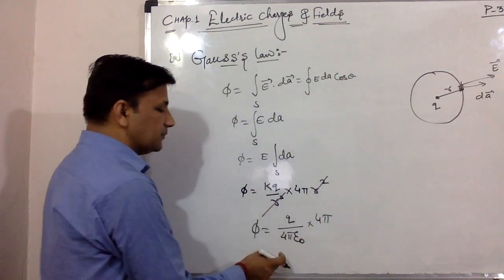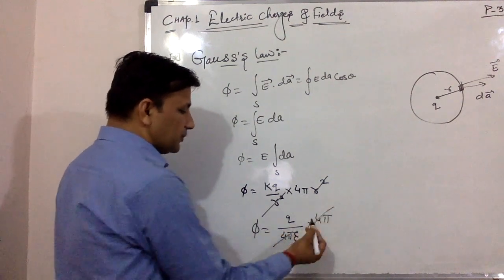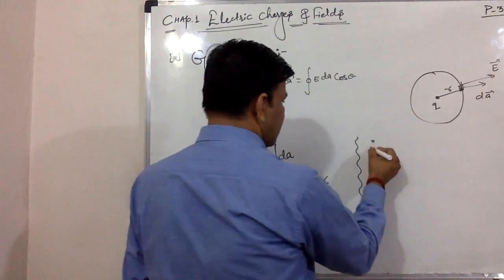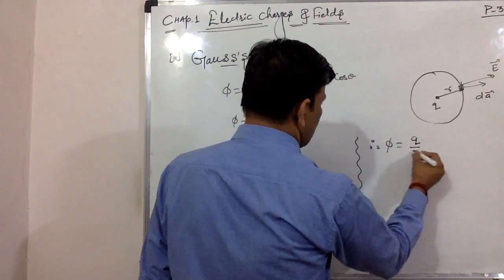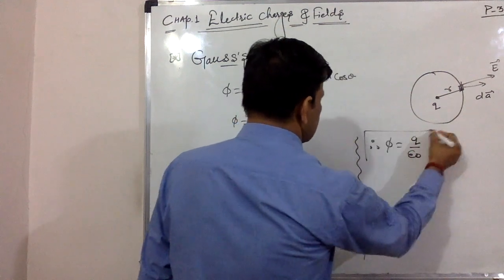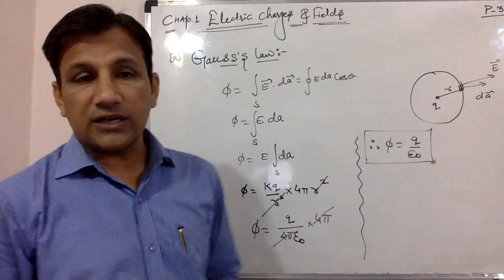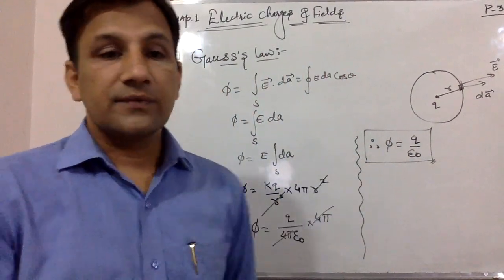K is equal to 1 upon 4 pi epsilon 0. Now the 4 pi cancels out. Therefore, total flux phi is equal to q upon epsilon 0. Here q is the total charge associated with the given surface.